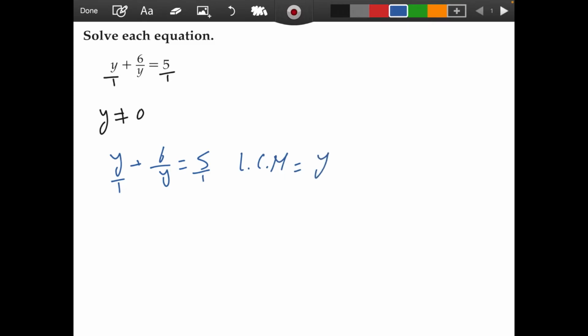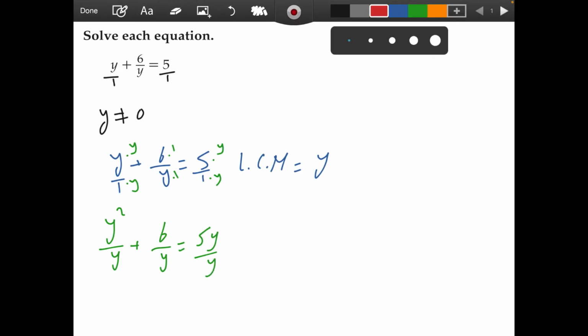So I need to make all the denominators y. So here we have to multiply by y up and down, and here by 1, and here by y. So it's going to be y squared over y plus 6 over y equals 5y over y.